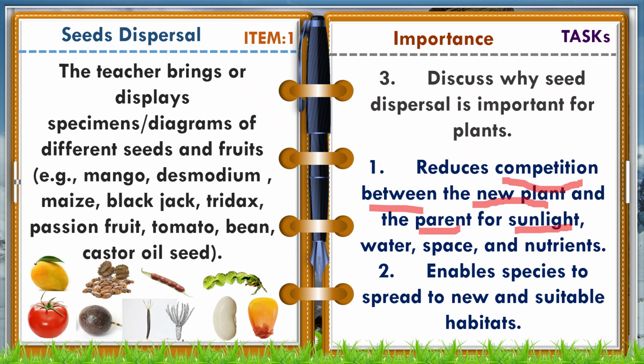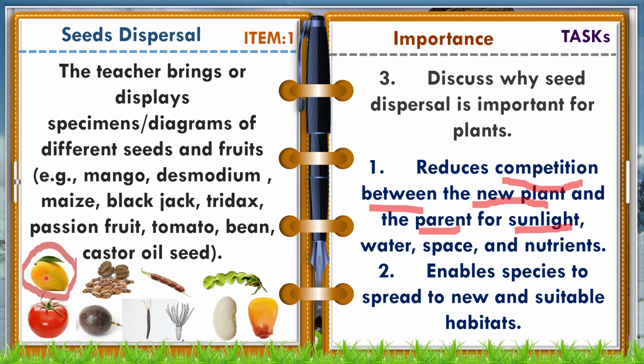That is to say that if the seeds are carried far away from the parent, for example, if the mango is removed from the parent and it is eaten by the animal and the seed is thrown far away from the parent, that seed is going to germinate and it will turn into a new plant.